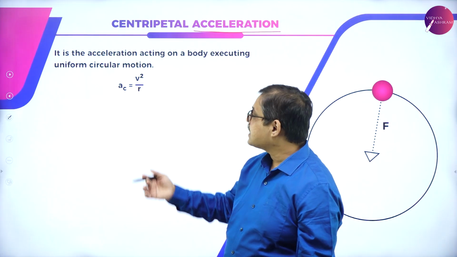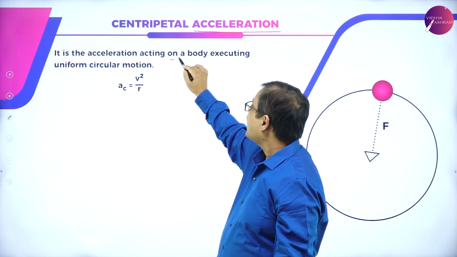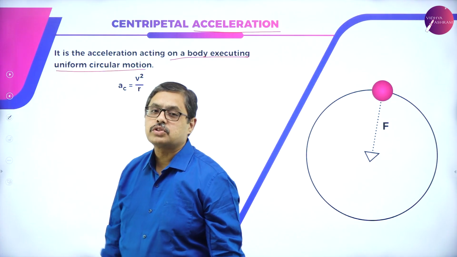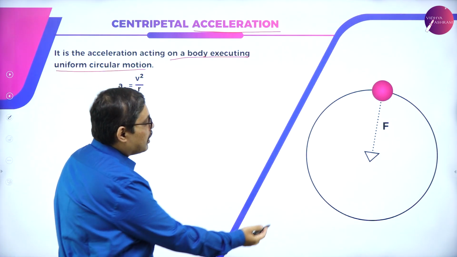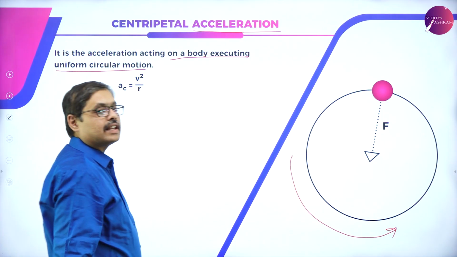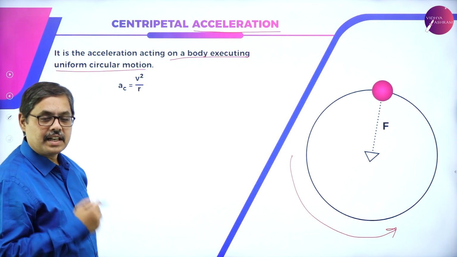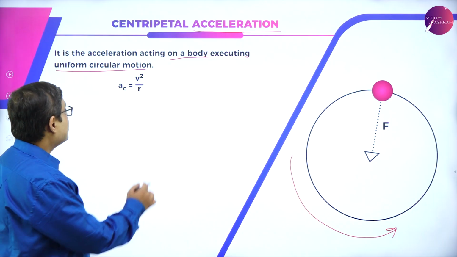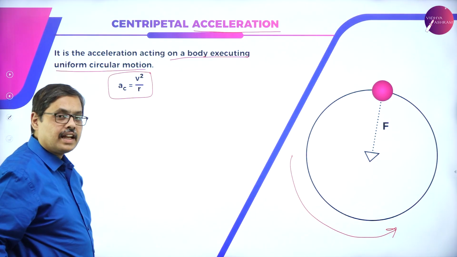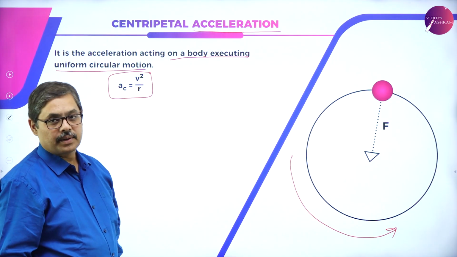It is that acceleration which is acting on a body which is executing circular motion. Once again, a body is traveling along a circular path. The acceleration of that body is called centripetal acceleration. It is given by v squared by r, where v is the velocity and r is the radius.